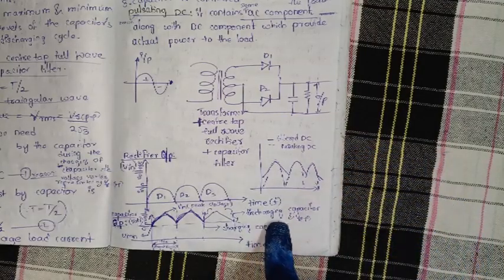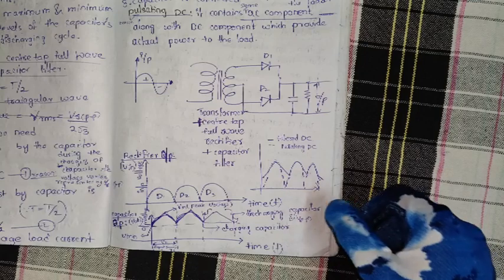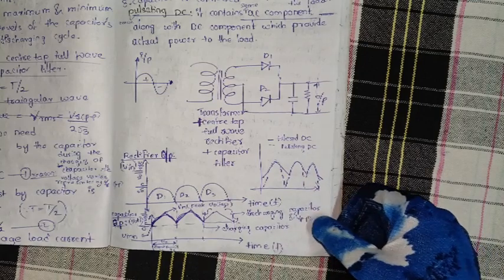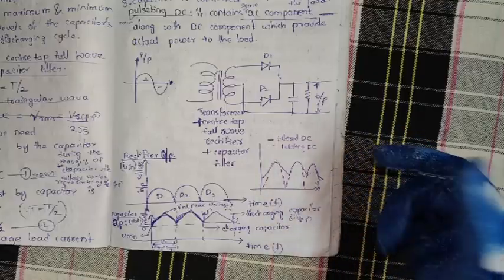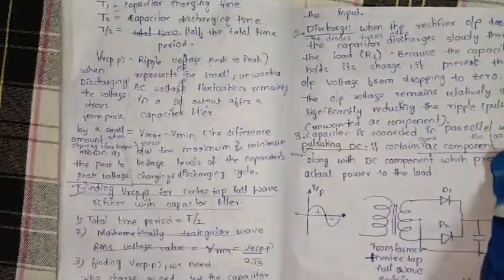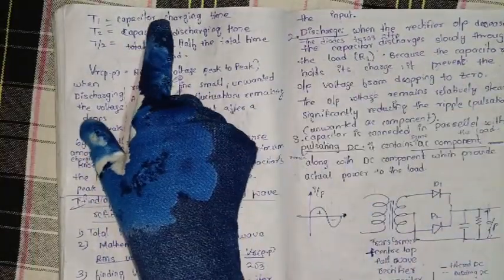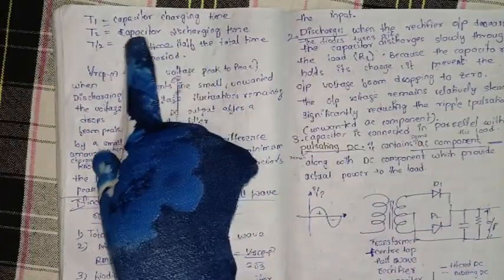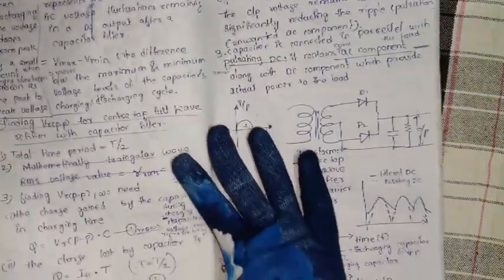Here, ripple voltage peak to peak is also there. What is that? I will tell you now. T1 represents the capacitor charging time and T2 represents the capacitor discharging time.